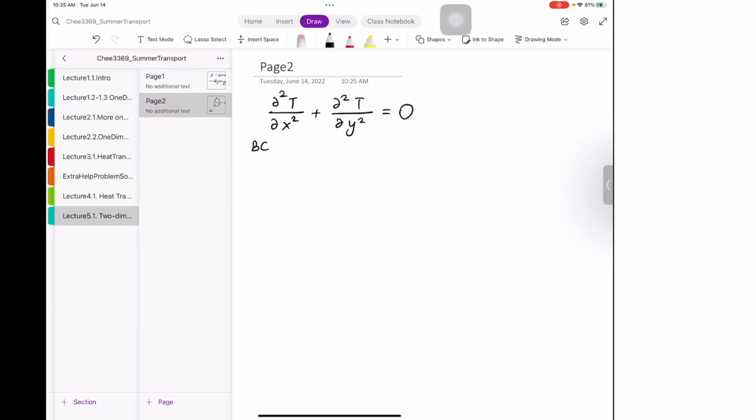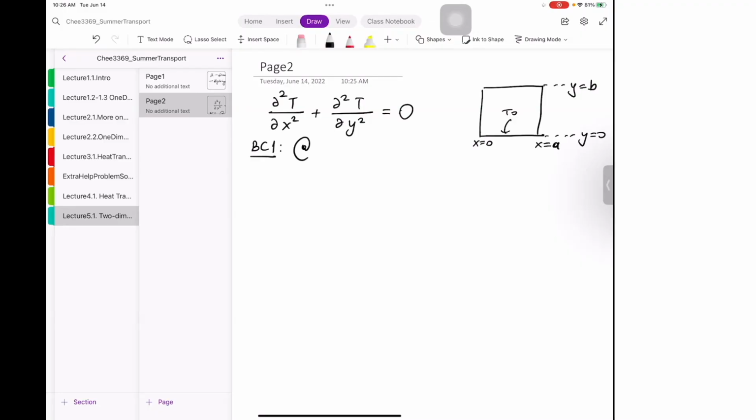The boundary condition 1, which is x is equal to 0, x is equal to a. This is y is equal to 0. Let's call this y is equal to b. Okay. And we know that this face is T0, meaning that at y is equal to 0, no matter what x is, T is equal to T0.